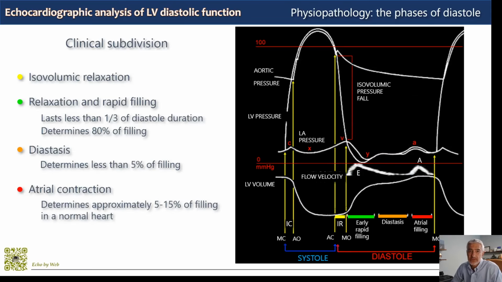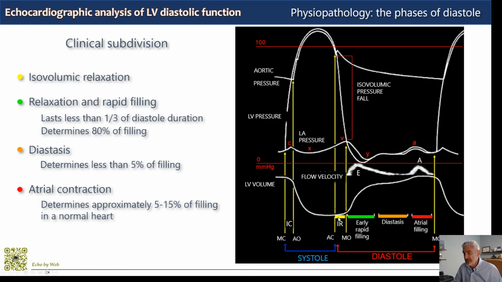Okay, now let's look at the clinical phases of left ventricular diastole. This is basic knowledge, it must absolutely be known. So unlike systole, which recognizes two phases, isovolumic contraction and the ejection phase, diastole recognizes four phases.